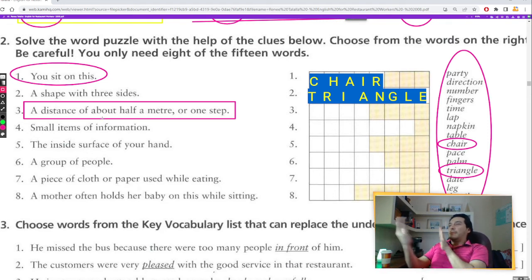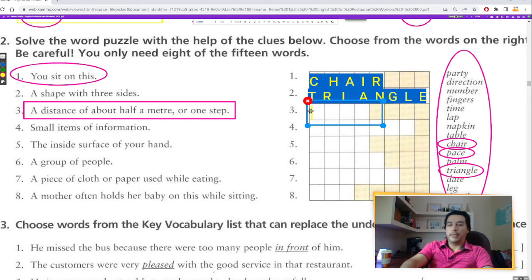Half a meter or 1 step. We call that pace. The pace, like the rhythm. P-A-C-E, pace.